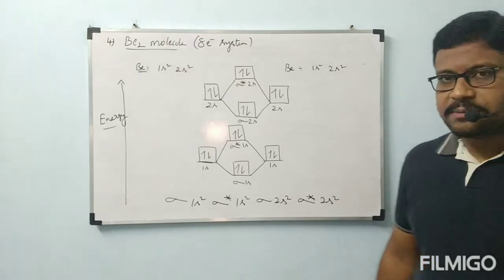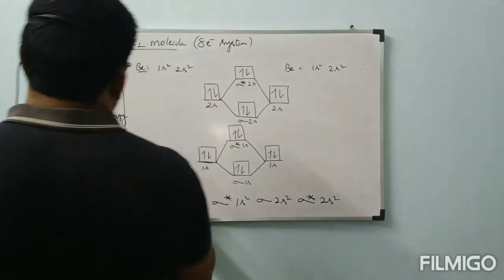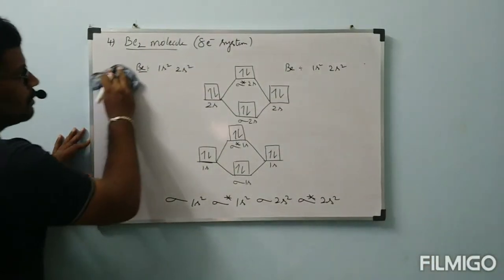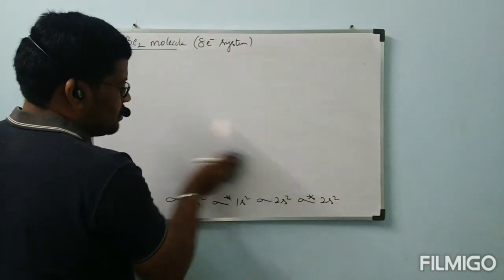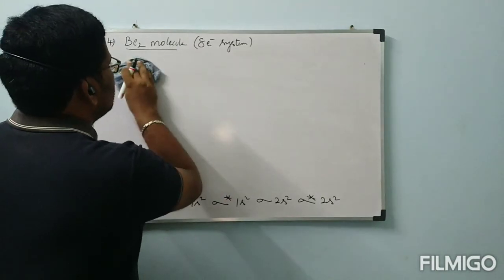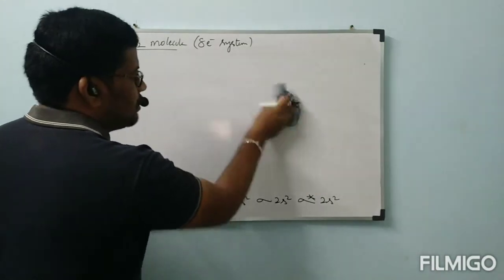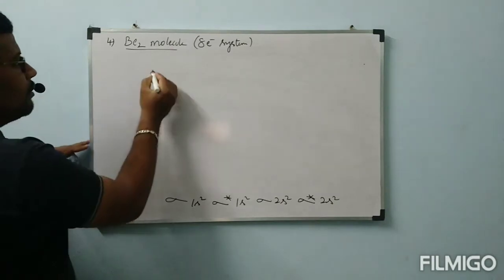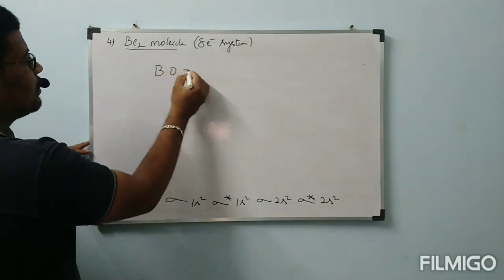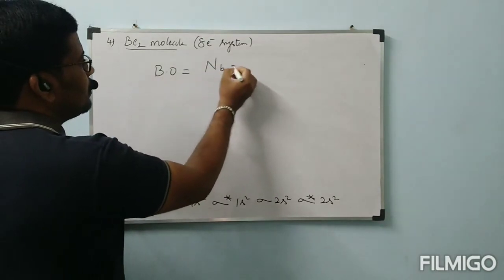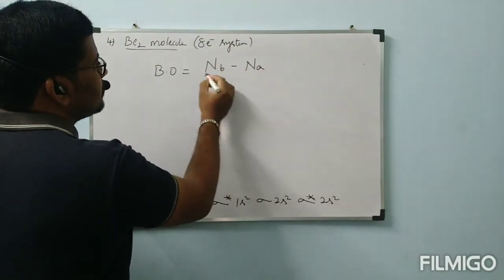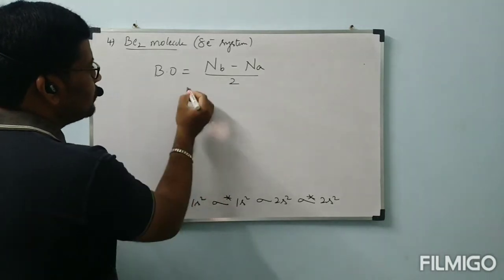Now let us see the bond order. Bond order is equal to (Nb minus Na) by 2.